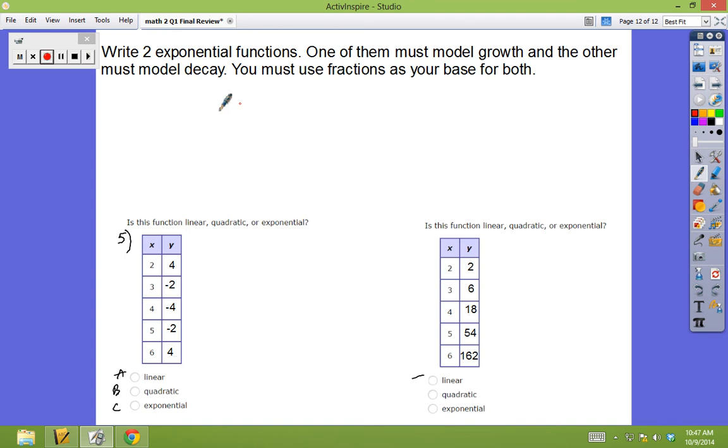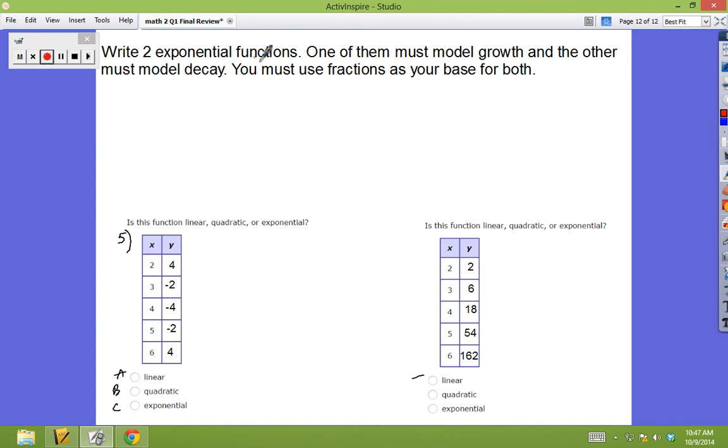And then the last page, write two exponential functions. One of them's got to be growth, one of them's got to be decay. But you got to use fractions for both. So your exponential function is like y equals a to the x. And anytime the a is greater than 1, that is growth.